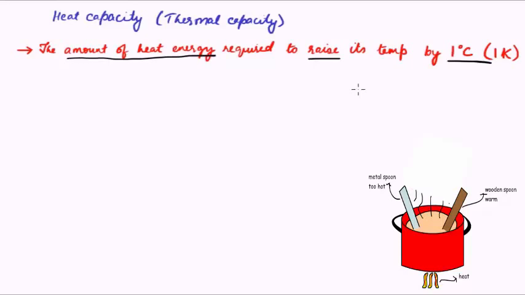Suppose your whole house: how much heat is required to raise the temperature of your house by 1 degree Celsius is the heat capacity of your house. Or alternatively, the amount of heat required to raise the temperature of a bucket of water in your house is the heat capacity of the bucket of water. So heat capacity has nothing to do with mass.